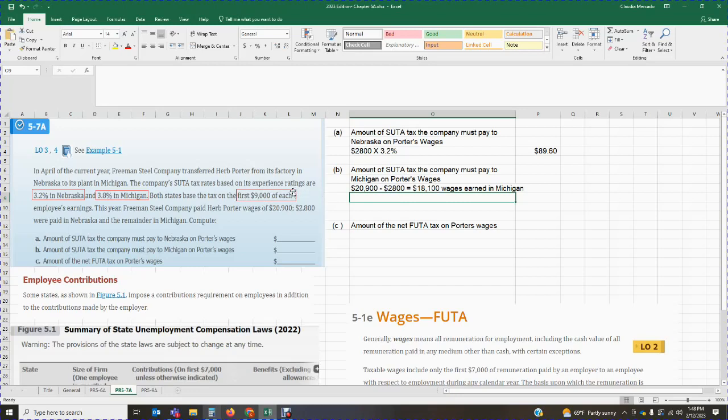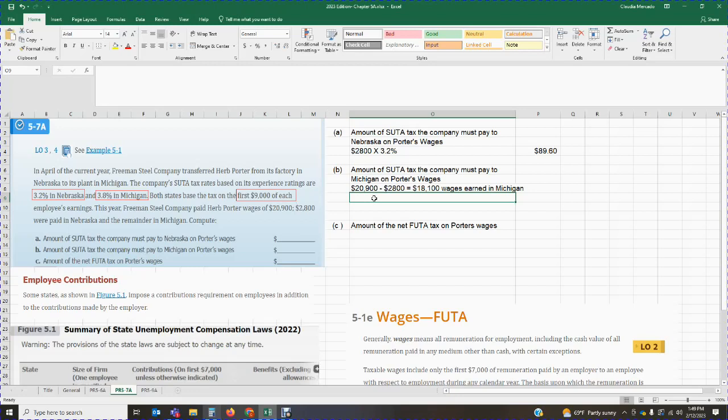But now we know that even though the $18,100 of wages were earned in Michigan, we're not going to pay taxes on the whole amount. We have that cap of 9,000. Now, because this employee is in the same company, he just moved location.